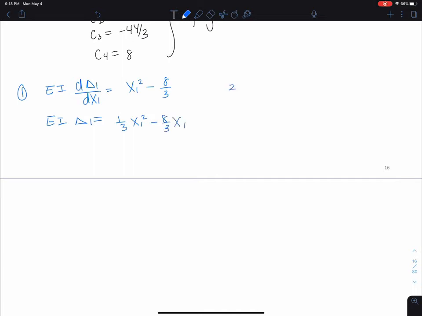And now for number 2, EI d delta 2 over dx2 equals 12x2 minus 2x2 squared minus 44 over 3.